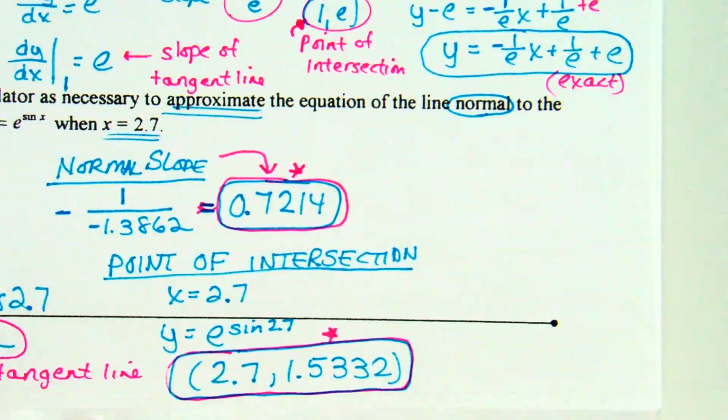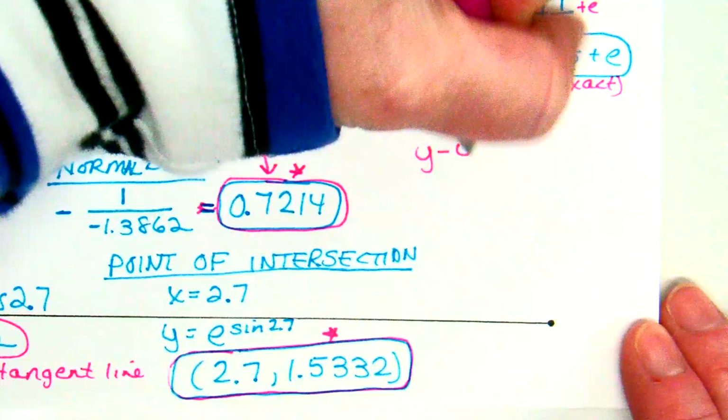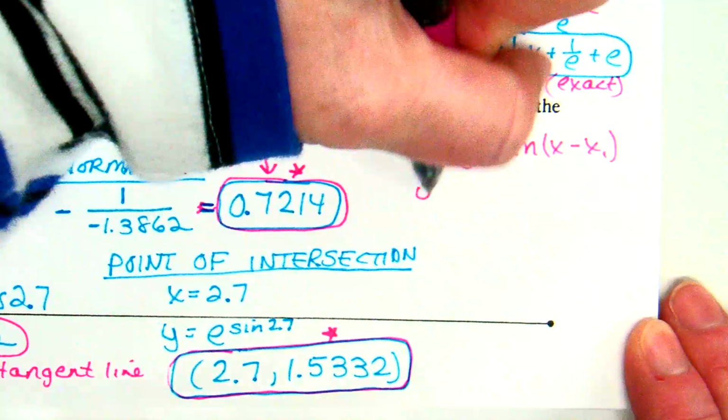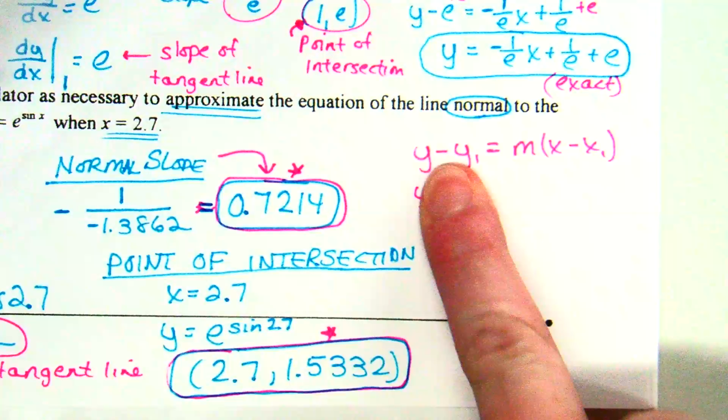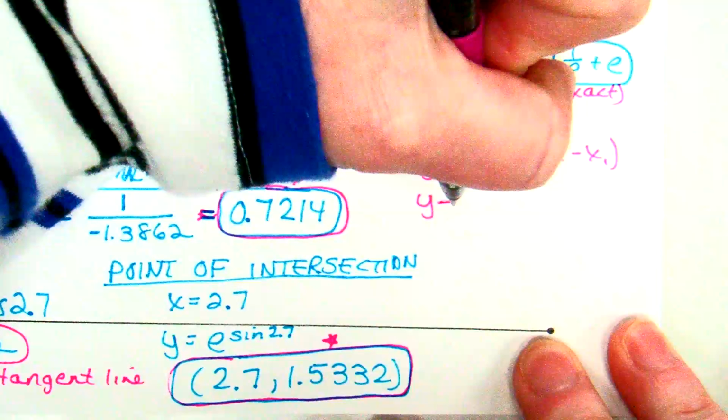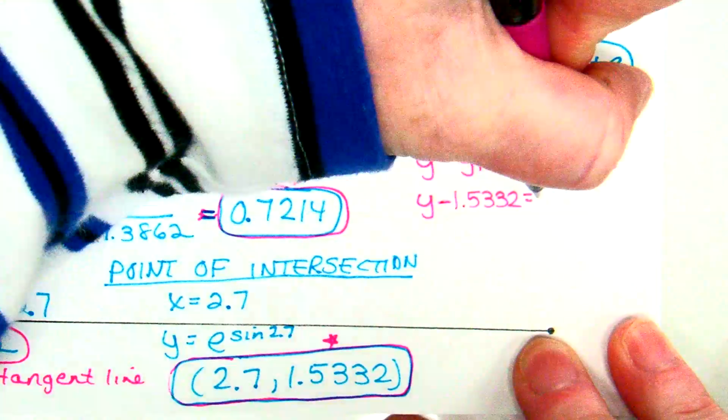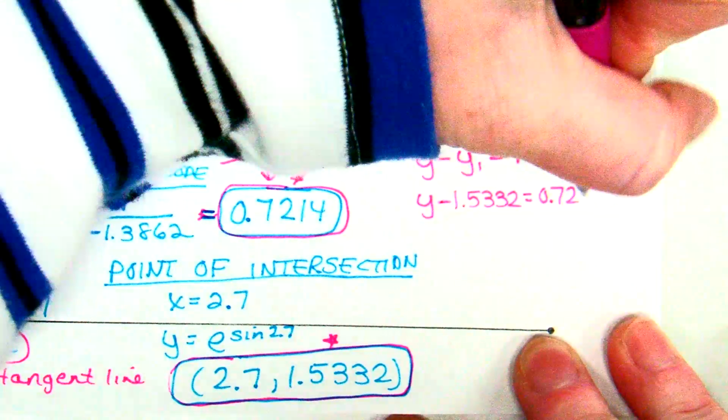So, if I go point slope though, y minus y1 equals m times x minus x1. Let me try this again. Okay, y minus 1.5332 equals slope 0.7214 times x minus 2.7.